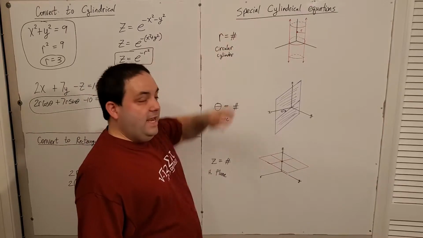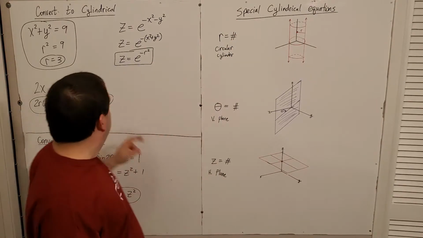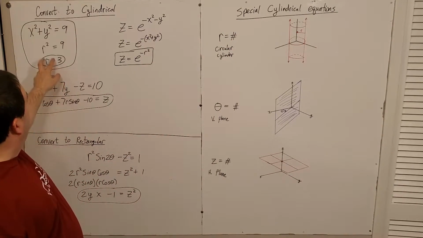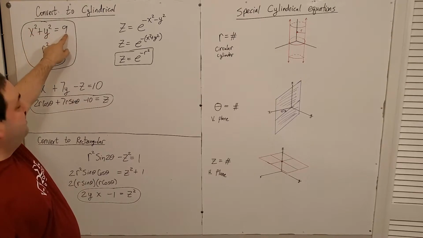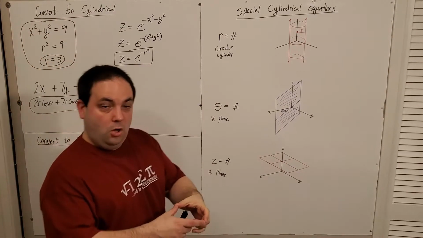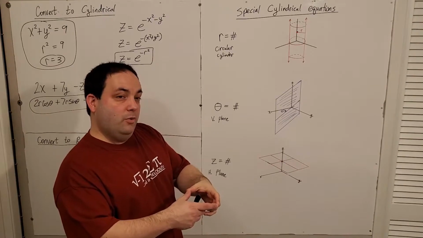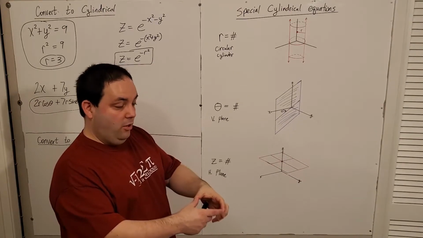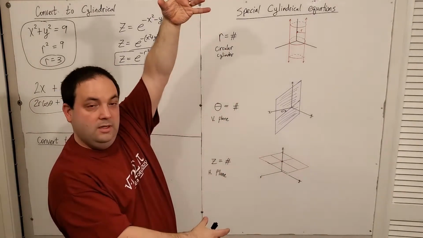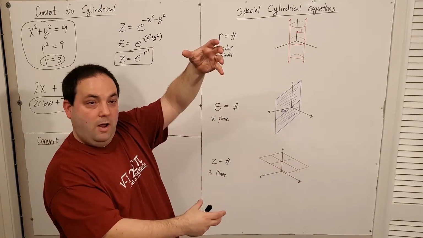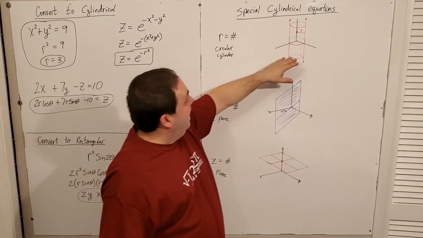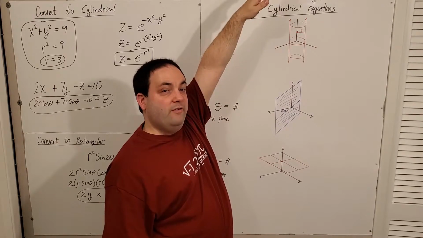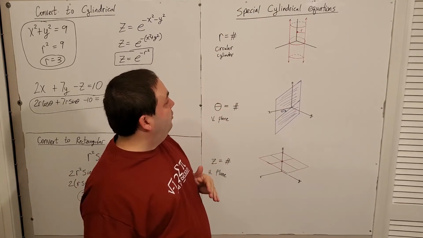When r is equal to a number, right? Like this one right here. Notice it's x squared plus y squared equals 9. That's a circle on the xy plane. But remember, the z is still there. It just has to be parallel to it. So you get a cylinder, right? A circular one. And it extends up and down forever because z can take on any value, right?